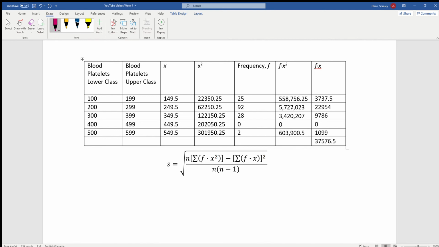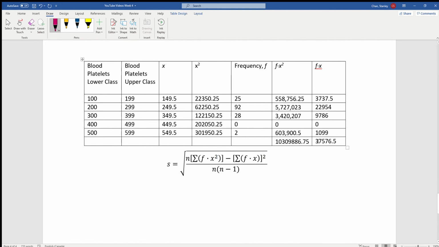Okay, let's start over again. 558,756.25 plus 5,727,023 plus 3,420,603 plus 603,900.5 equals 10,309,886.75.